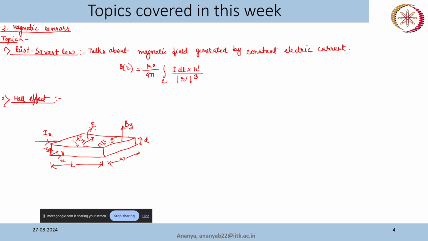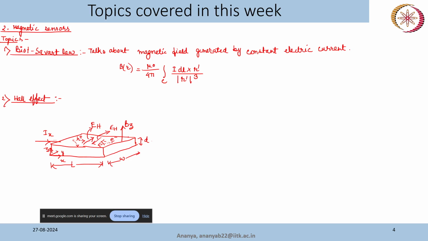This is the electric field generated due to the Hall effect, so this is EH. In case of n-type material, the direction of the electric field will be like this, because the electrons will move here, and this will be more positive here, so this is EH if it is an n-type material.